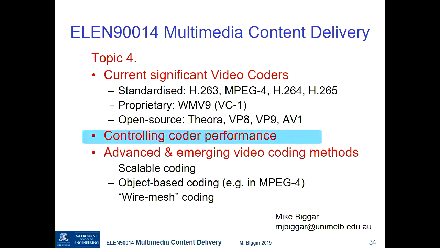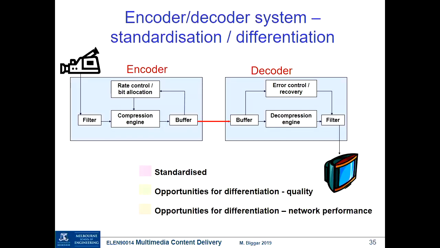So, moving on from specific coders, you might be pleased to hear, I want to talk more generally about some aspects of controlling coder performance. In particular, what flexibility we have to improve the performance we get, given that we have some constraints due to standardization. And I showed this graphic before.